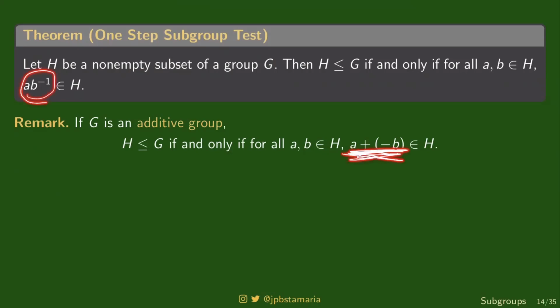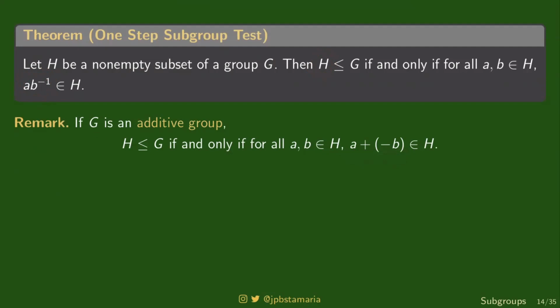Subtraction yan sa algebra, di ba? Kung multiplication, parang division. Intindihan nyo? Closure for division will imply that H is a subgroup. Or kung additive operation na meron tayo, closure under subtraction will imply that H is a subgroup. So this makes use of subtraction and division.